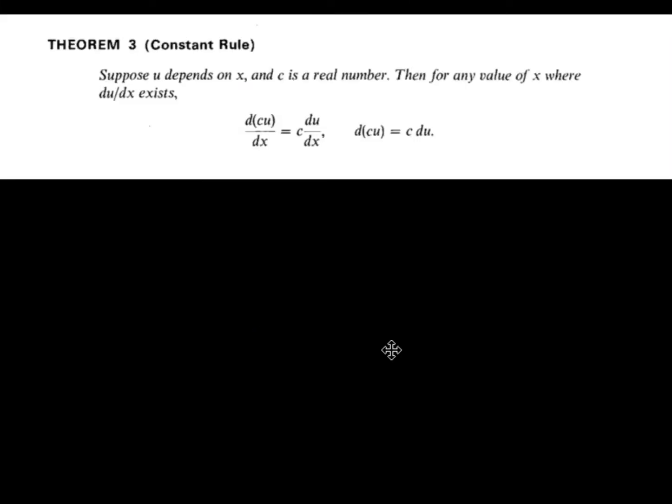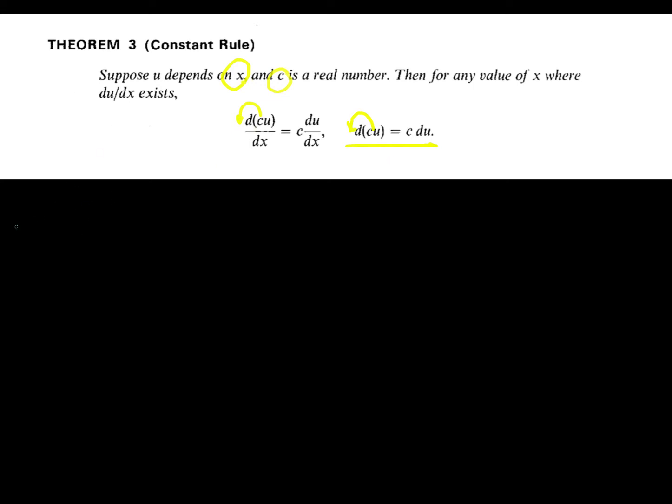The constant rule says if I've got any function u that depends on x, and I multiply it by some constant, I can simply factor that constant out, and it'll be the constant times the differential of u. And this is going to be a very handy rule. When I get in differential form, you can think of this as factoring the constant out, and they fall out of the differential.